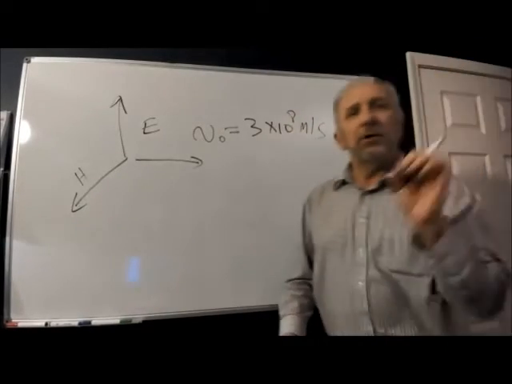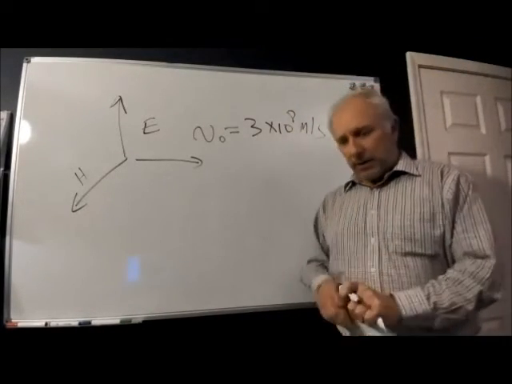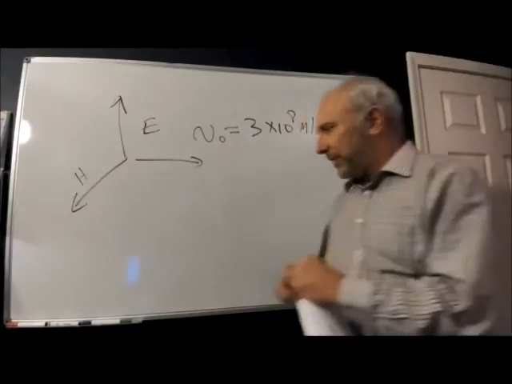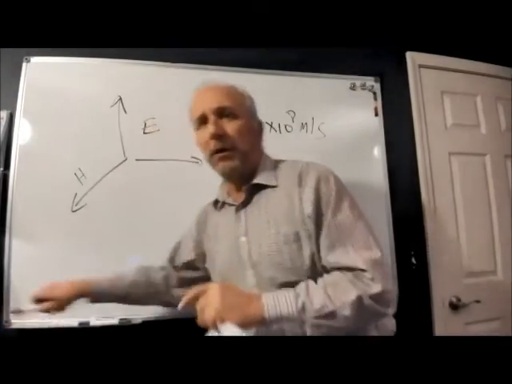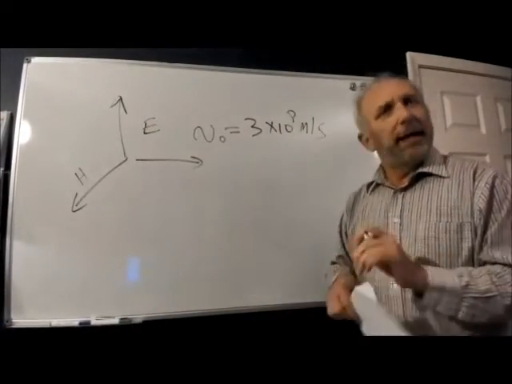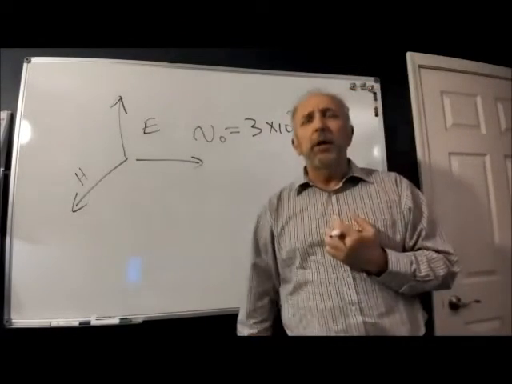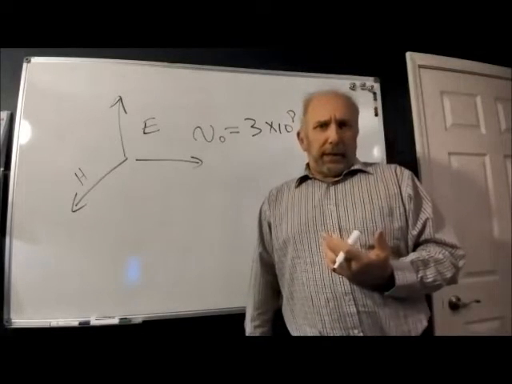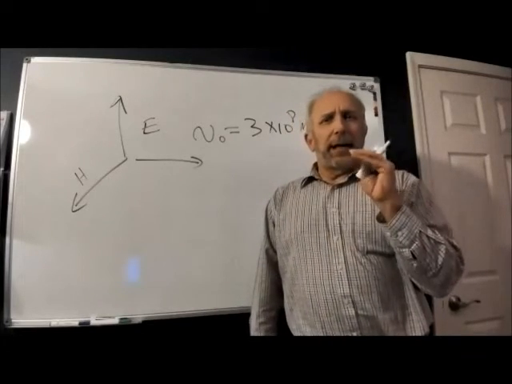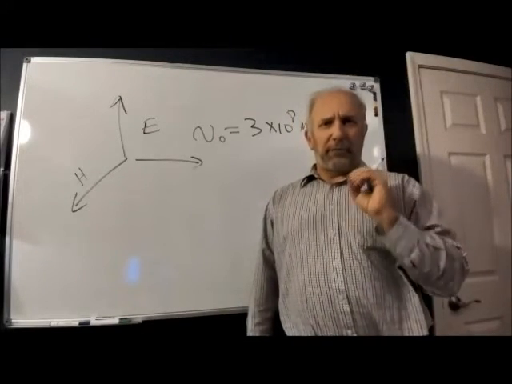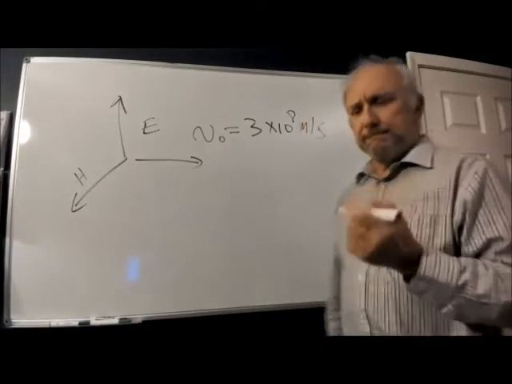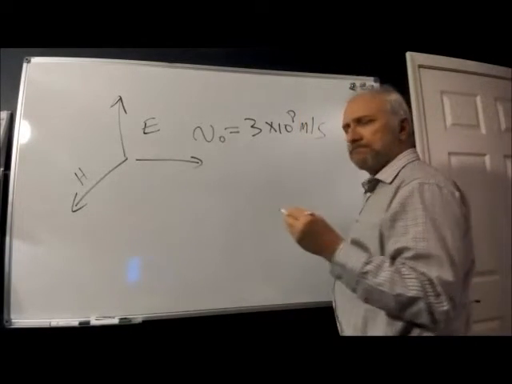All right, let's look a little bit more in detail now at the electric field vector. We measure the electric field vector in an interesting way. Where would you find an intentional electric field? Power lines, okay, yep.